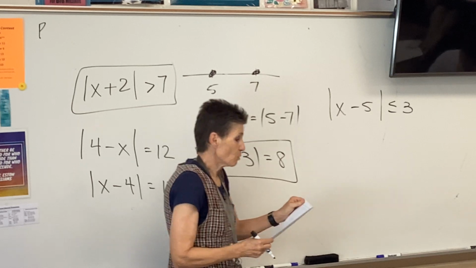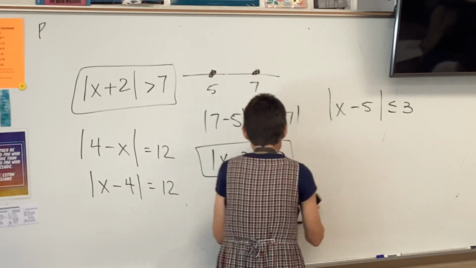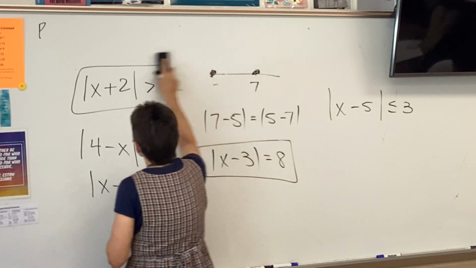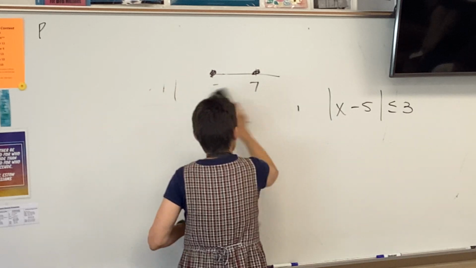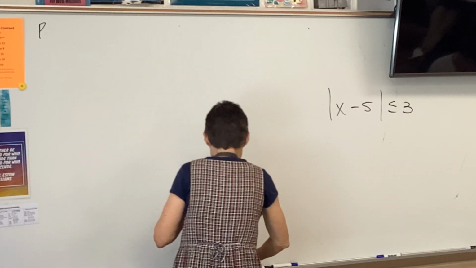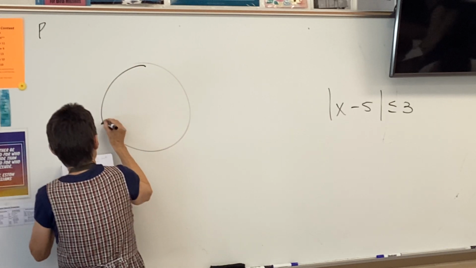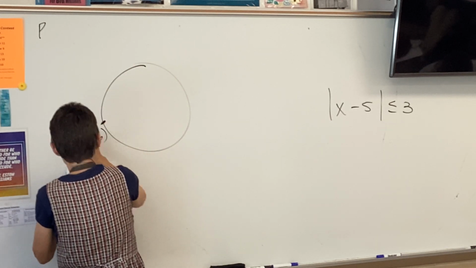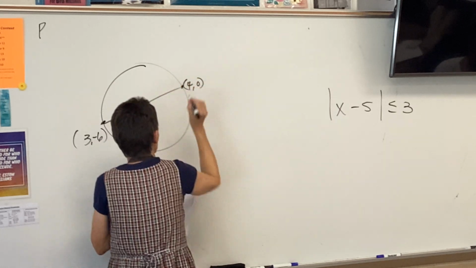All right, write the equation of the circle whose diameter... oh my goodness, wait a second. Okay, I need some help here. I've got a circle and (3, -6) and (4, 0) are the endpoints of the diameter.